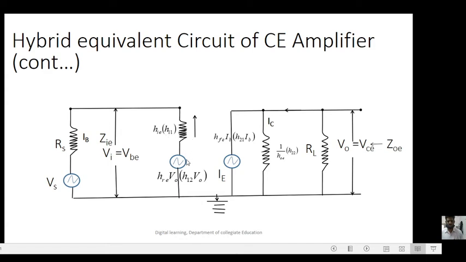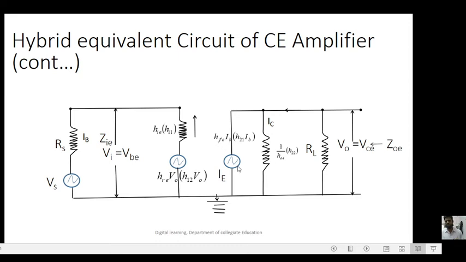The current is flowing into the circuit. So therefore HRE into V0 can be written as H12 V0. So instead of HRE V0 we can write H12 V0.